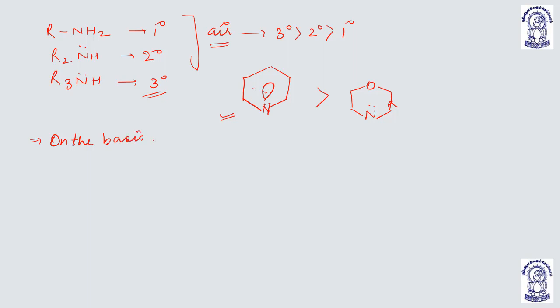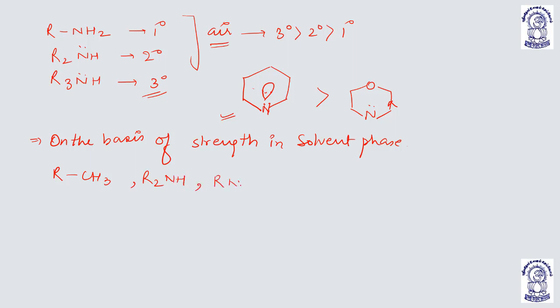On the basis of strength in solvent phase, RNH3, R2NH, RNH2, R3N, tell me the stability of these, and ammonia.